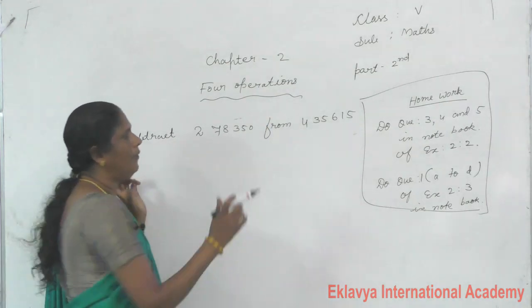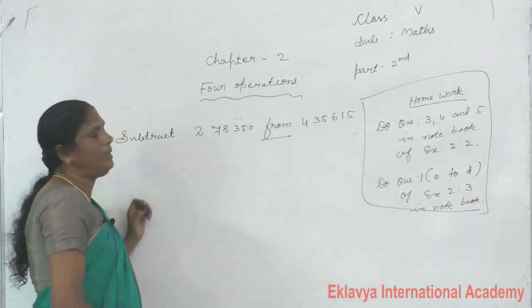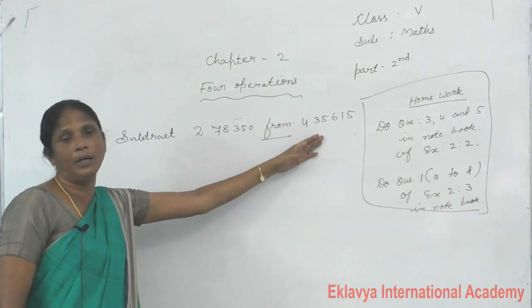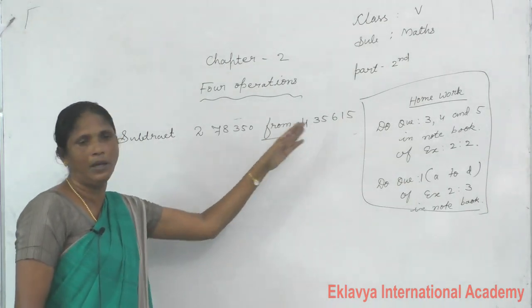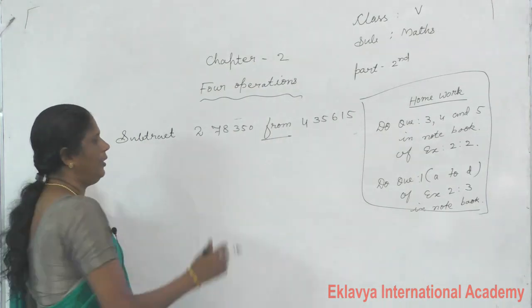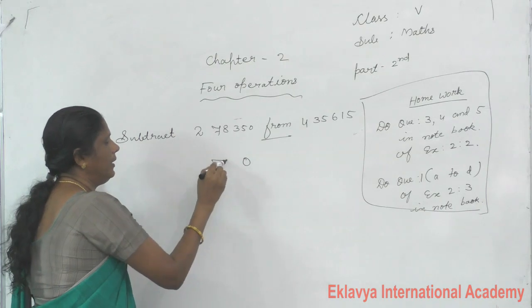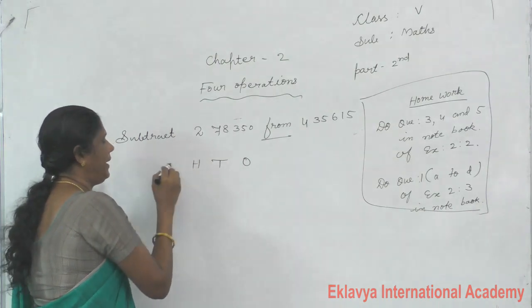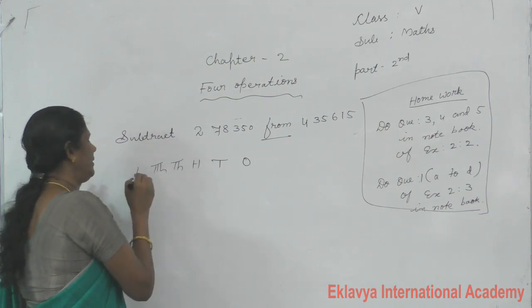Then again one word also comes here: from. This means the second number comes first. You write according to place value: ones, tens, hundreds, thousands, ten thousands, lakh.